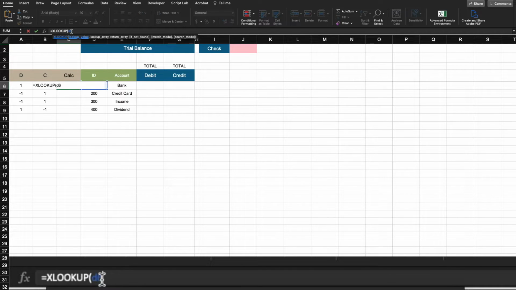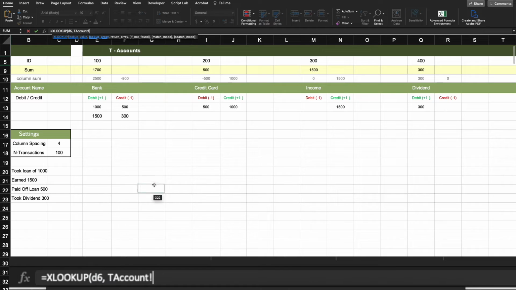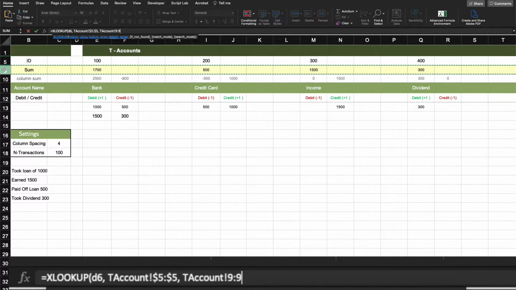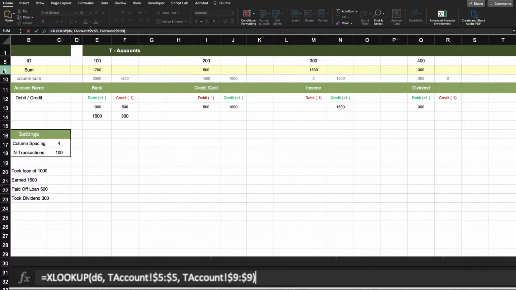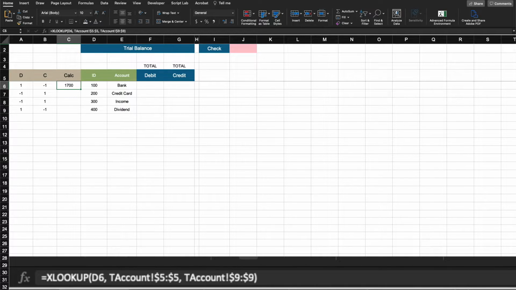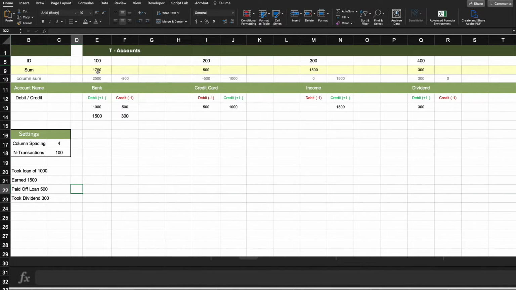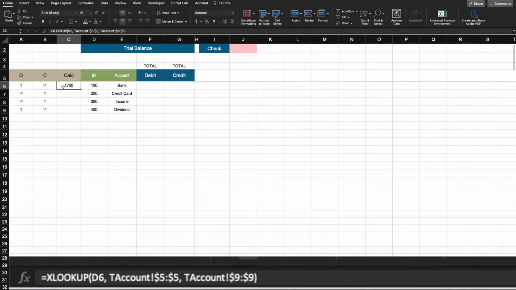So that's our lookup ID. Where are we looking into? We are looking into this array, and we're going to make it a reference. And when we match the ID, just give us the sum, which was the entry right below it, and F4 for our absolute reference. Close the bracket. All right, so that's $1,700 from the first account goes into our trial balance calculation.